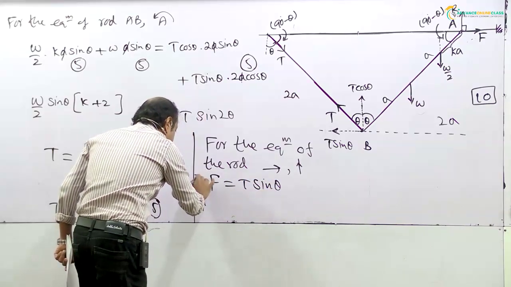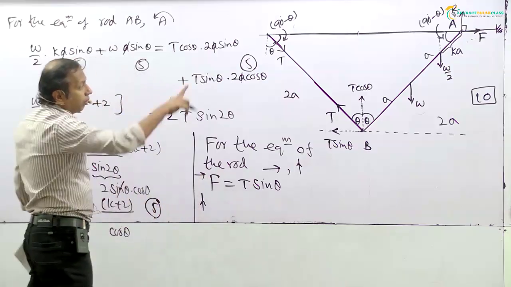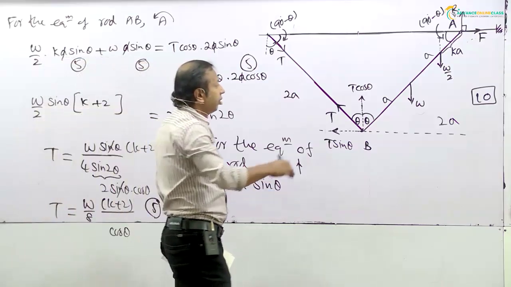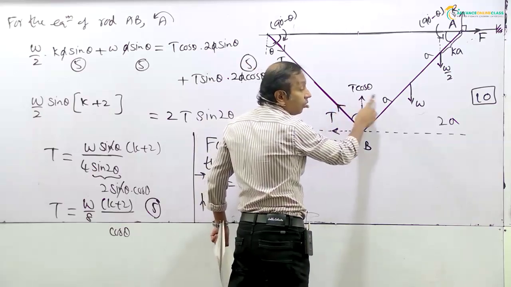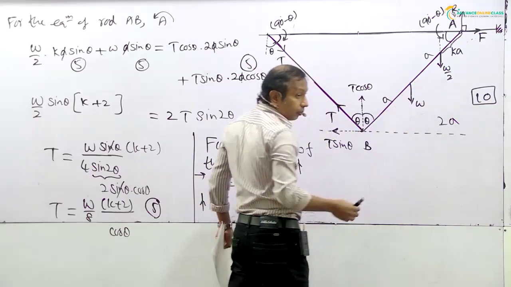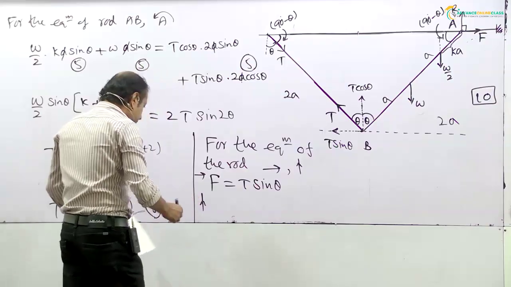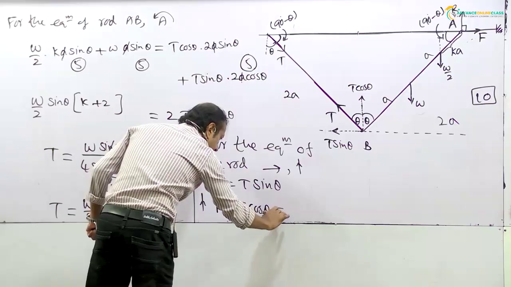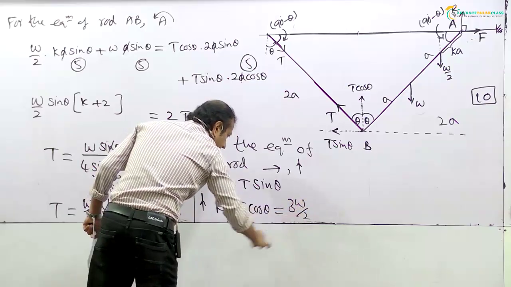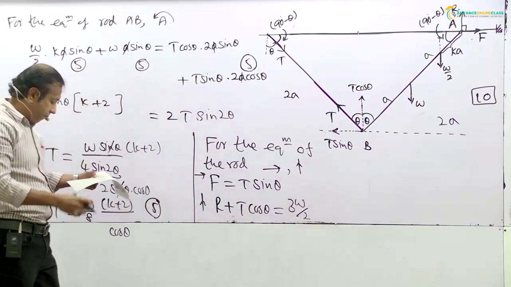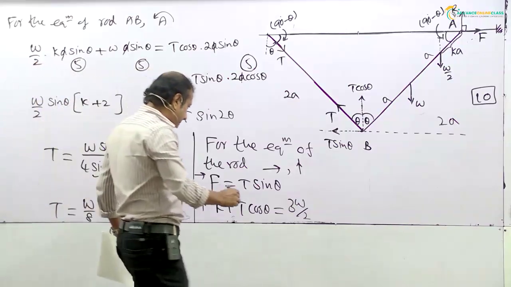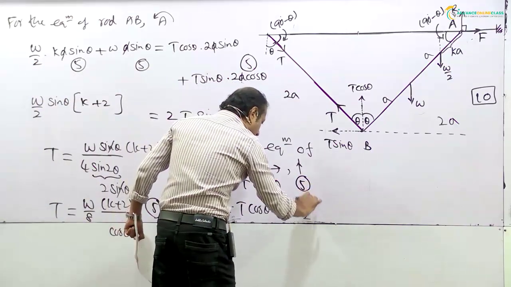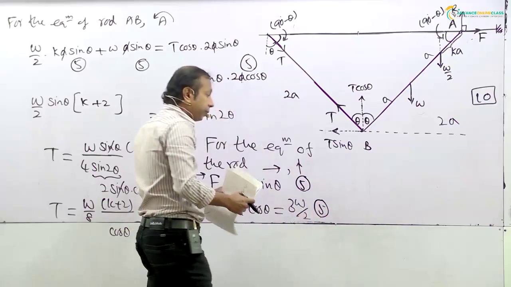Vertically, there are R, T cos theta equals W plus W by 2. R plus T cos theta equals 3W by 2.